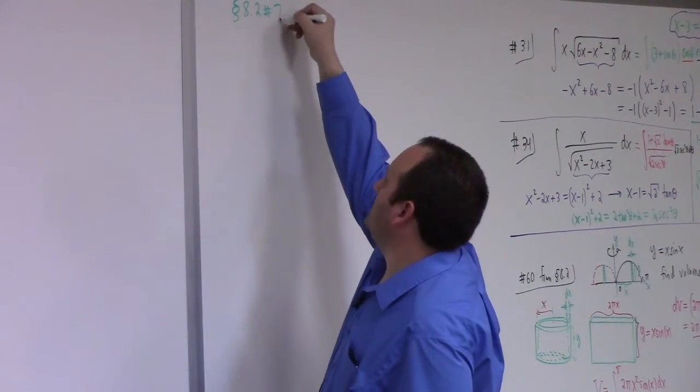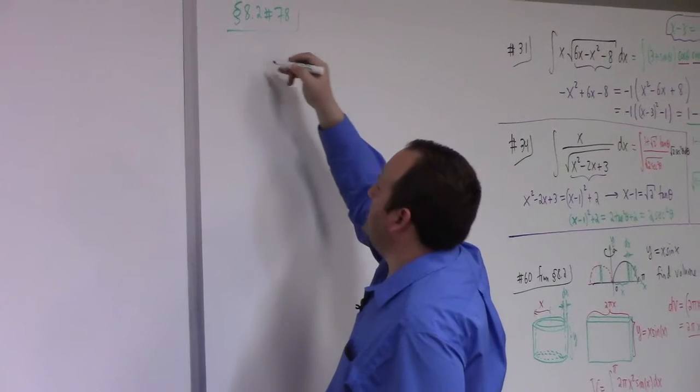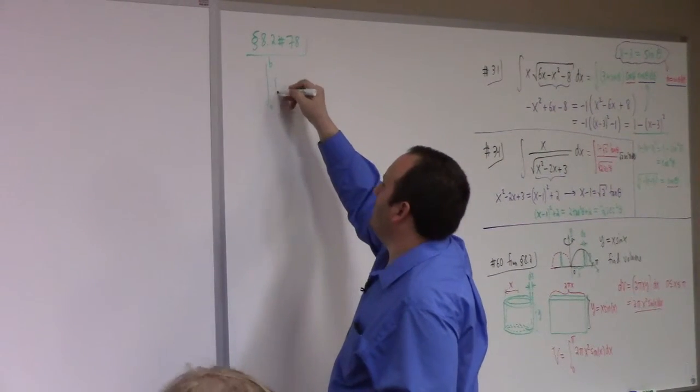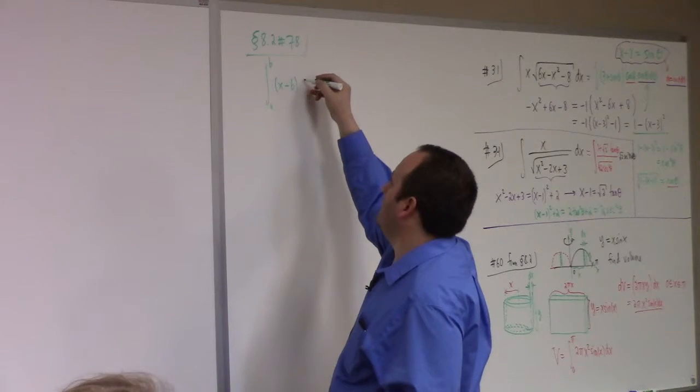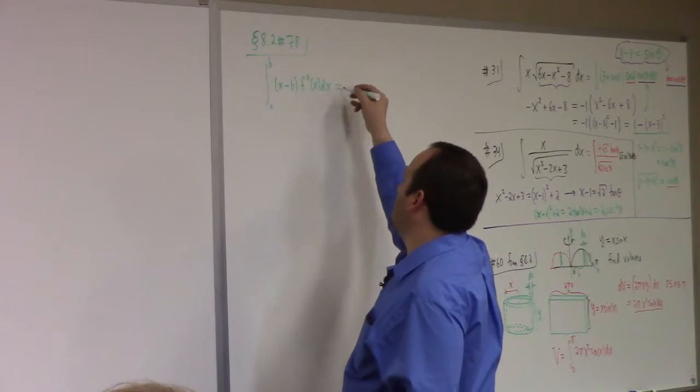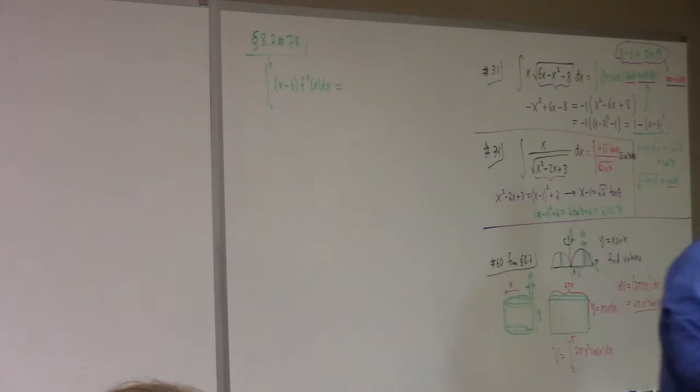number 78, what you want to do is to start with the integral from a to b of (x minus b) times f double prime of x dx. If you start with this, you'll be able to derive it. Take that as your starting point.